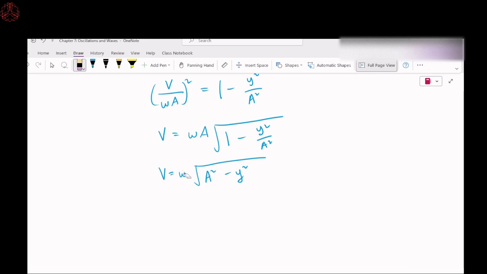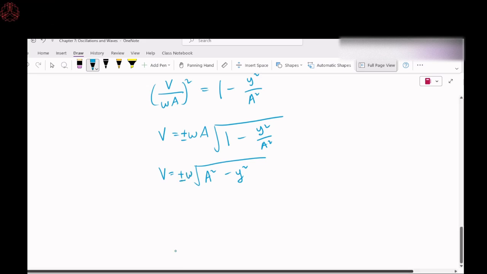Now, it's very important to remember from mathematics that whenever we take a square root, we should include a plus or minus sign. So my equation for velocity as a function of displacement will simply be two values: plus or minus omega square root of A squared minus y squared.